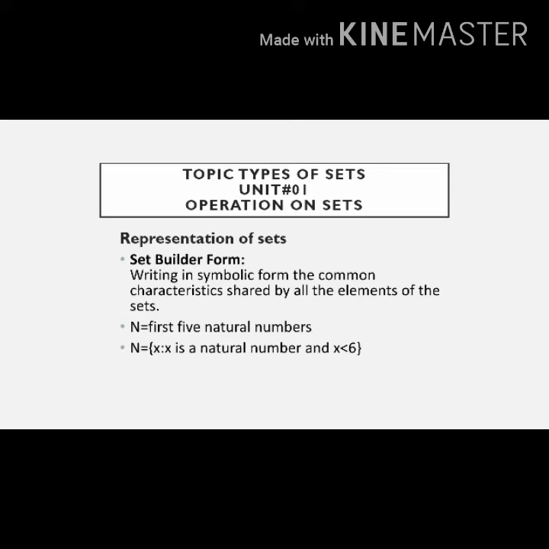Here we can also write capital N instead of natural numbers. So x belongs to N and x is less than 6. That means the elements are less than 6. So in the given example, N is equal to the first 5 natural numbers and x is less than 6. That means x is the first 5 natural numbers.